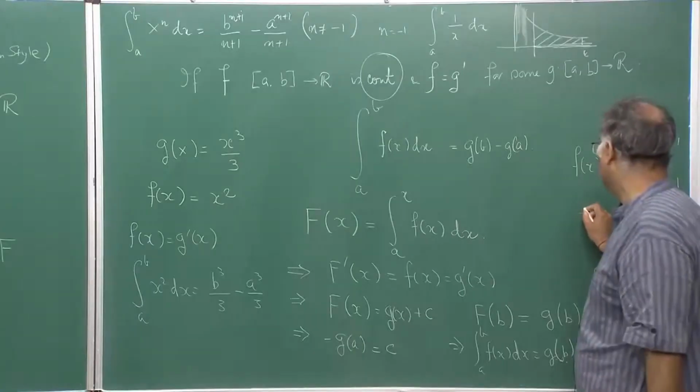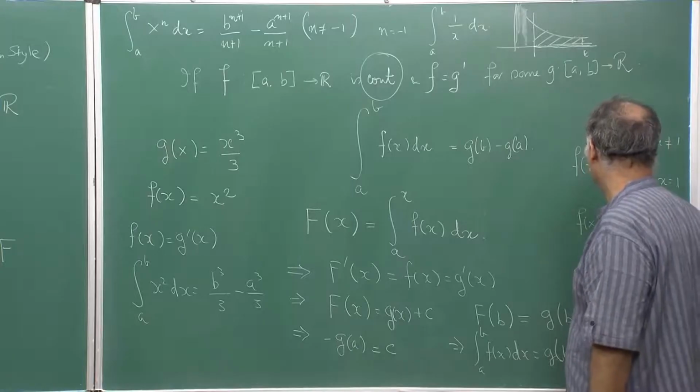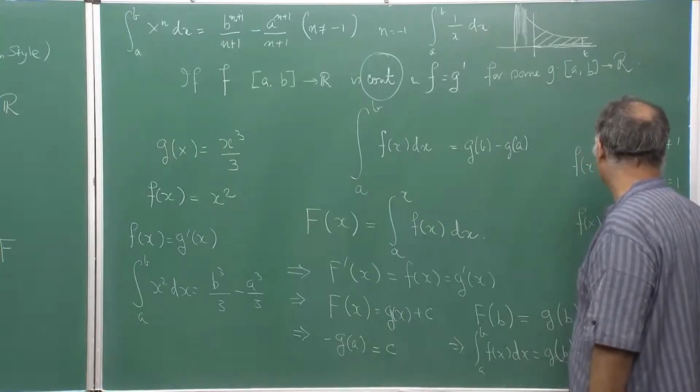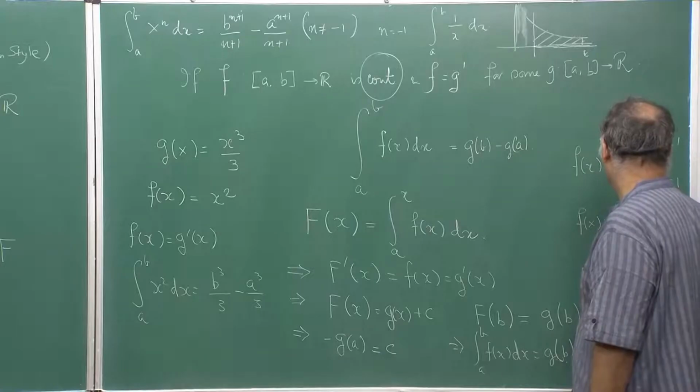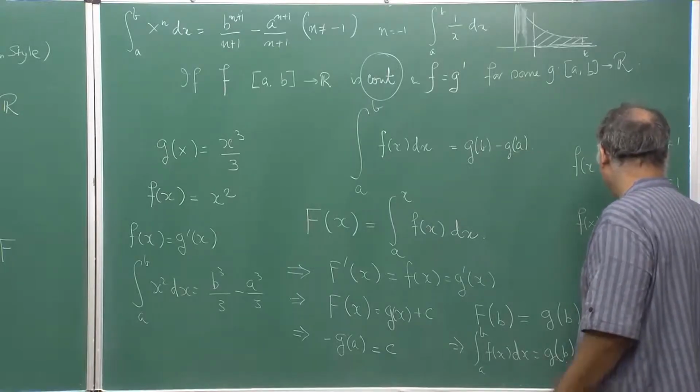A very pathological example: say you take the function f x equal to x square sine 1 by x when x is not equal to 0, and equal to 0 when x is equal to 0.